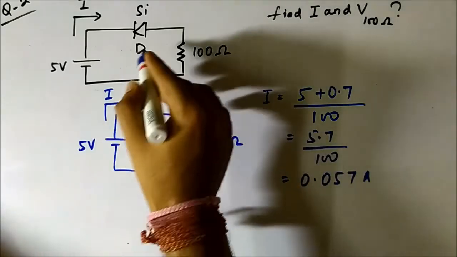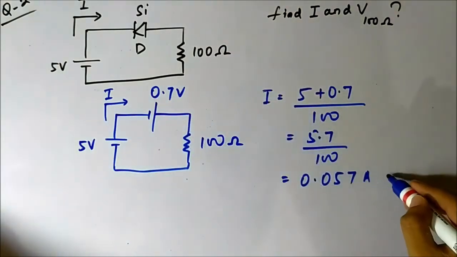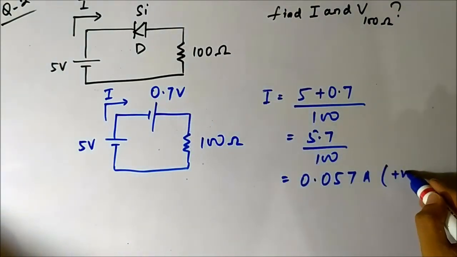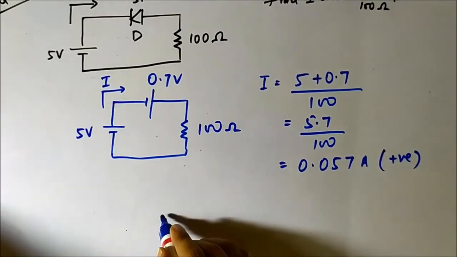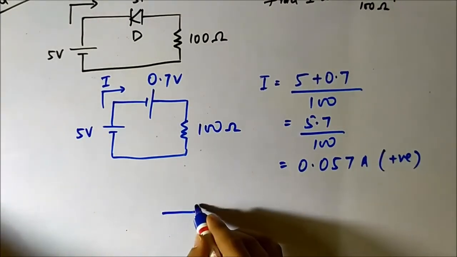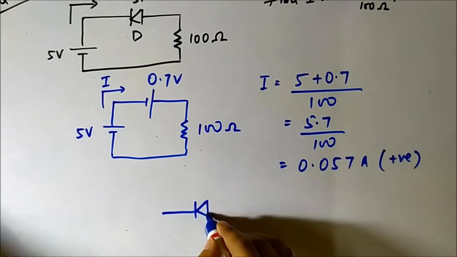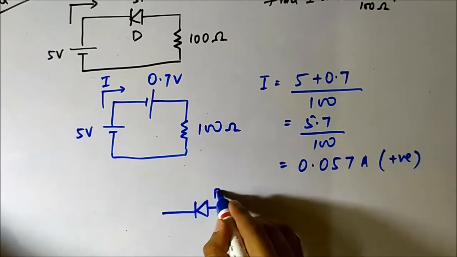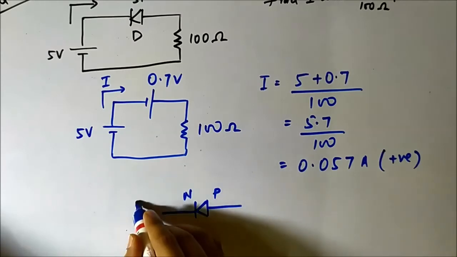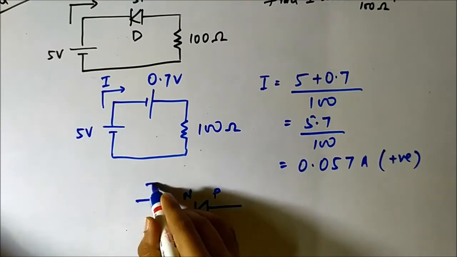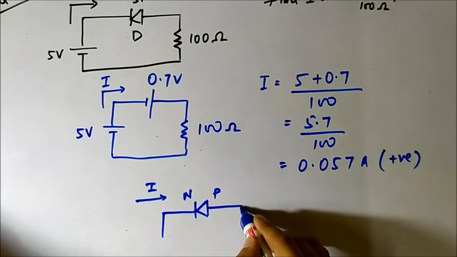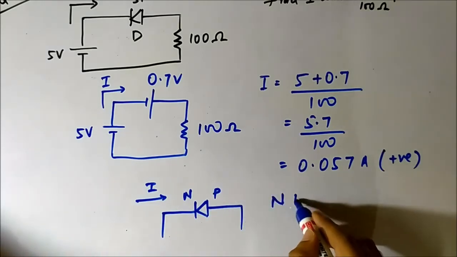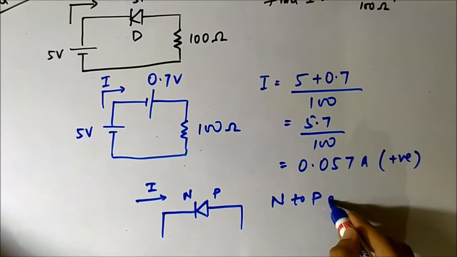Now you see this current is positive and it is flowing in this direction, from N to P end.